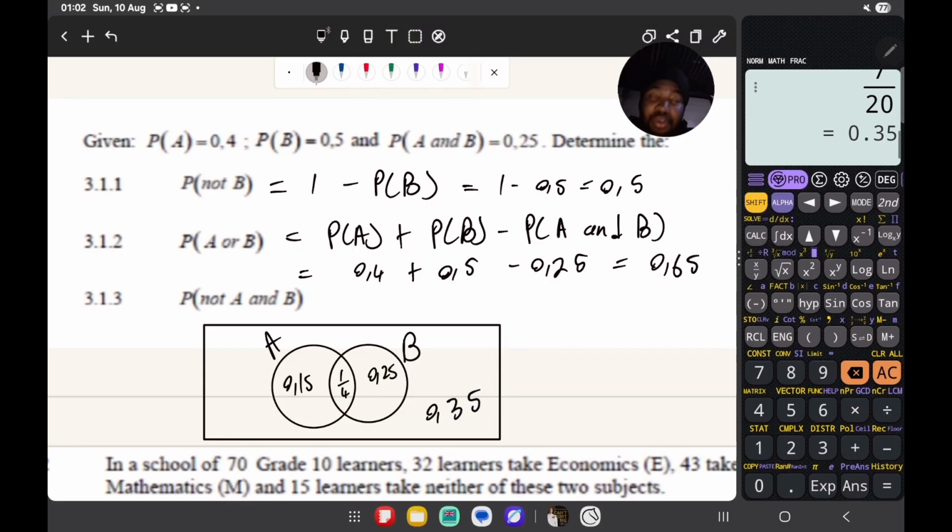Then my Venn diagram is complete. The reason I'm saying this is that it helps. This is how you can answer it.